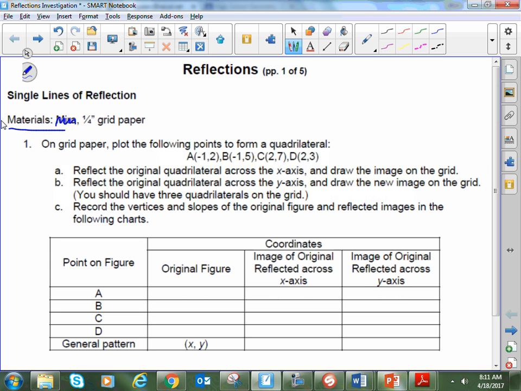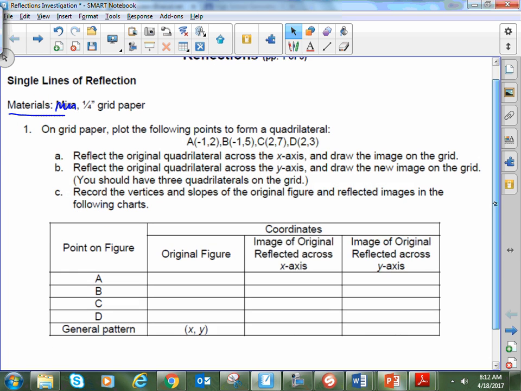But what we're going to be looking at here is there's four particular lines that when you reflect an image across it, there is a pattern, a rule that we can generate and use that rule to perform reflections or identify what the rule might have been if you have a pre-image with an image that was reflected.